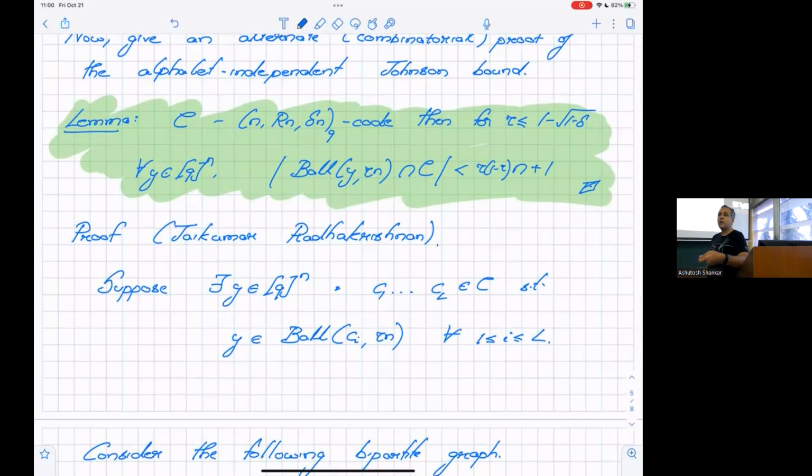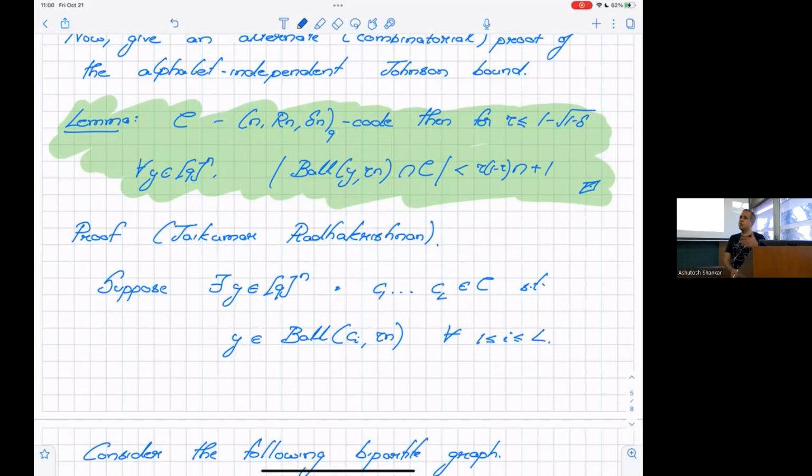Can I come up with algorithms for list decoding these codes up to the Johnson radius? In particular, we'll start off with the nicest code that we know of, the Reed-Solomon code. We'll ask if this code is list decodable up to the Johnson radius. This was proved in two sequences of work, one by Sudan in the mid-90s, followed by work with Madhu and Guruswami in 98.